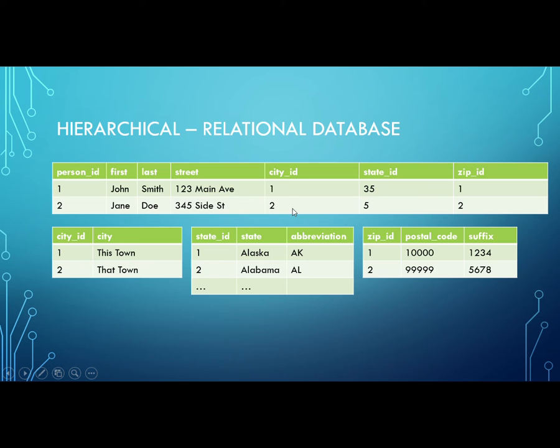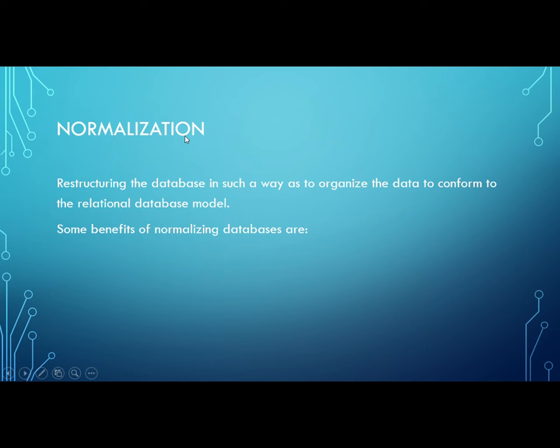So I've kind of floated this keyword around quite a bit, and it's called normalization, or normalize. And essentially what that is, we restructure the database in such a way as to organize the data to conform to the relational database model. And some of the benefits of normalizing databases are you get improved performance on your statements, so your insert, update, delete, and order by statements.